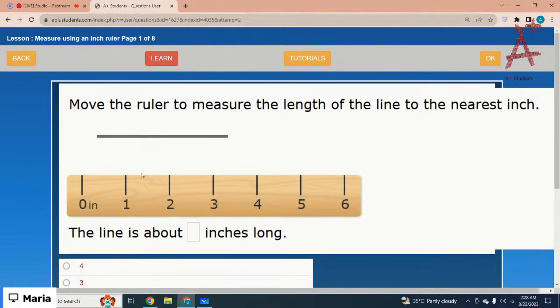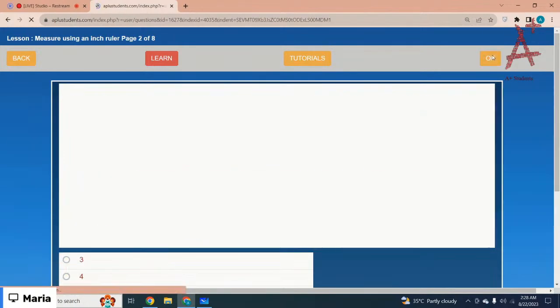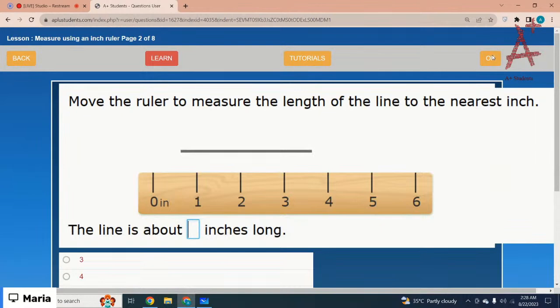You just have to align the zero of the ruler and the left end of the line, right? I think when you align, it would be just 3 inches long. The line is 3 inches long, right? Move the ruler to measure the length of the line to the nearest inch. Which is the correct option? When you match the line with the ruler, it would be just 3 inches long. The correct option is 3.